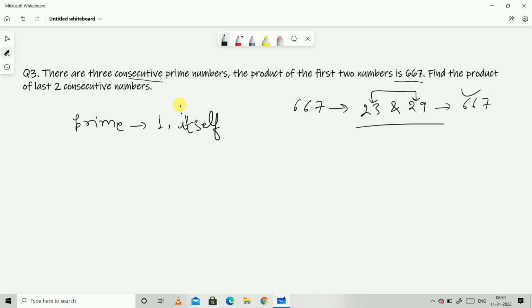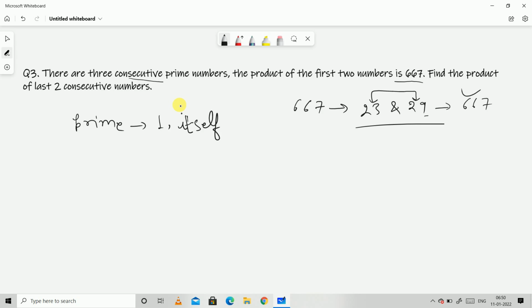Just remember this. Okay. And 23 and 29 are consecutive prime numbers, because the next prime number that I get after 23 is 29 only, because 24, 25, 26, 27, 28, they all are composite.